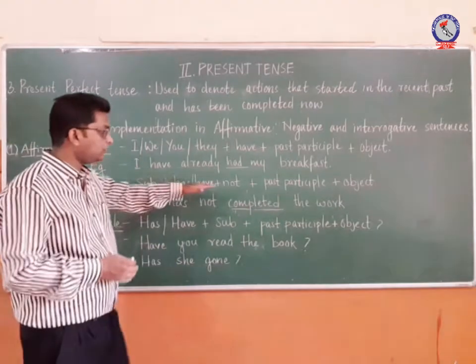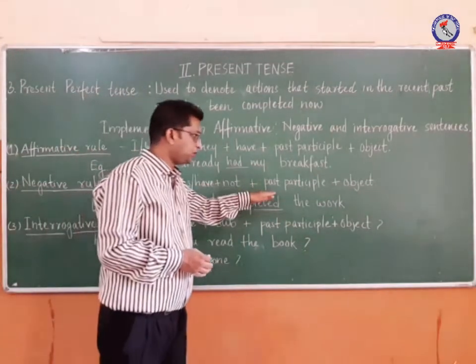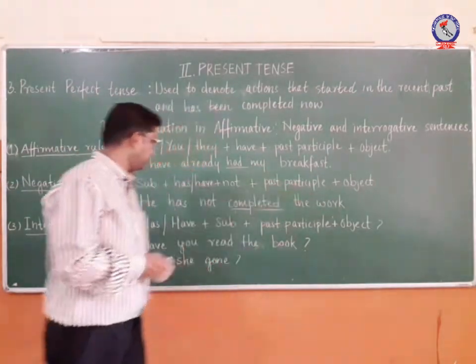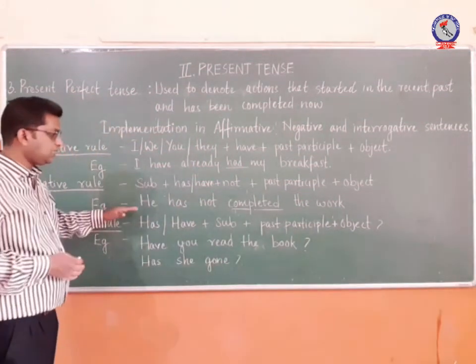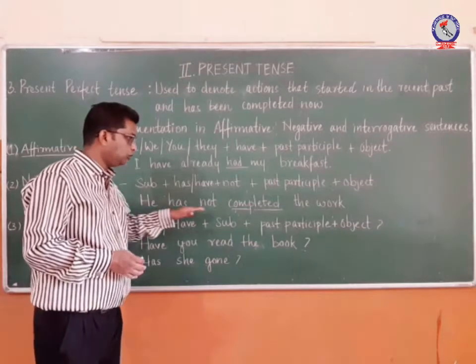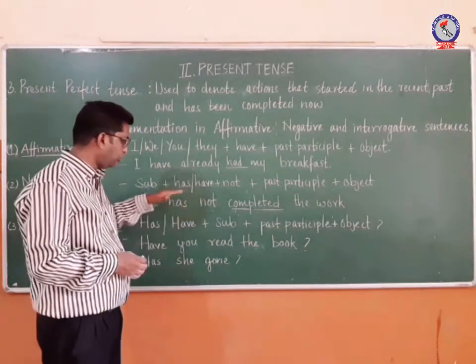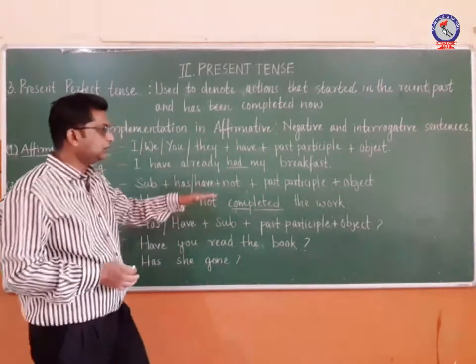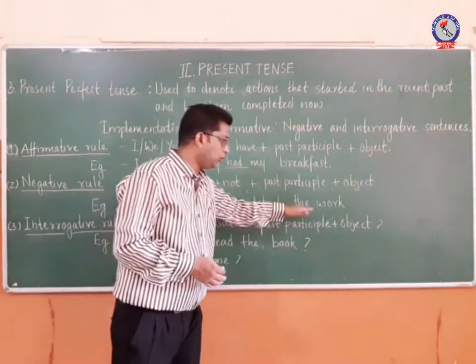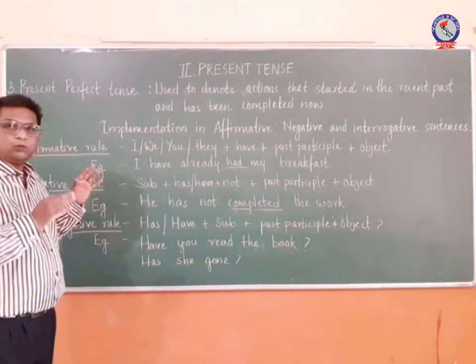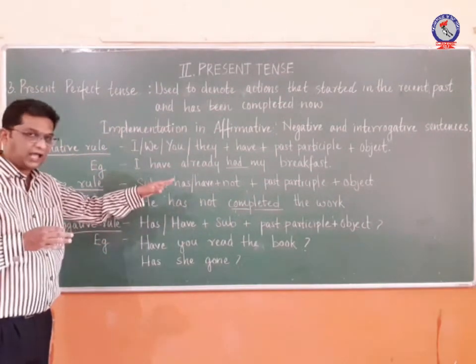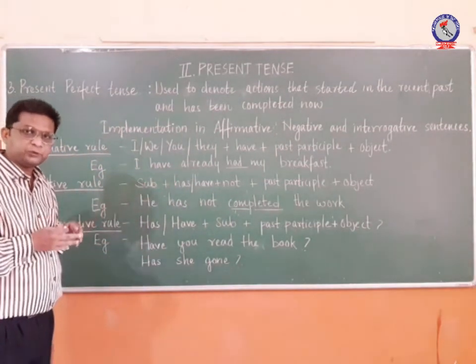Let's see the example of the negative rule. He has not completed the work. Completed is the past participle. So we can use has or have according to the person.